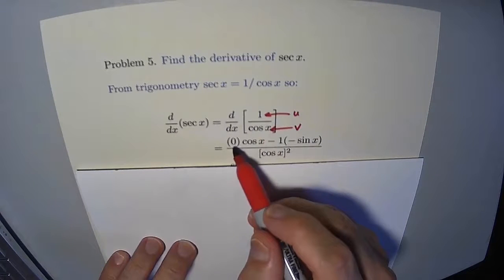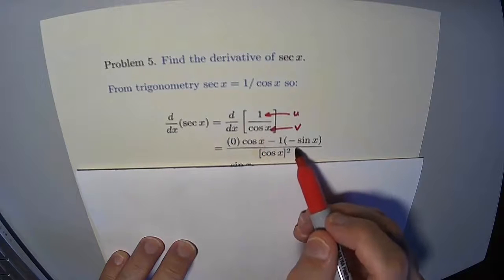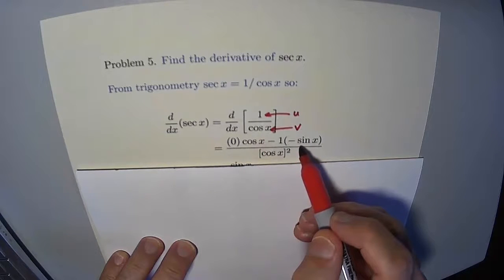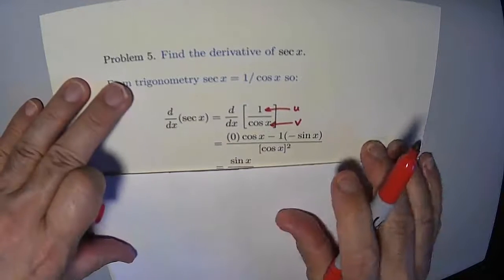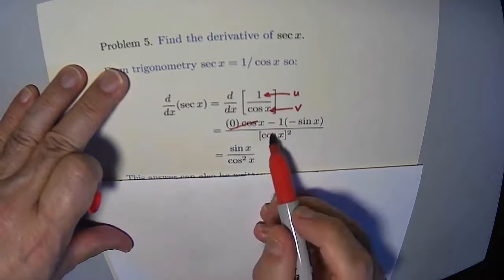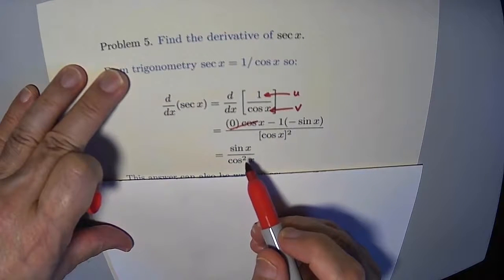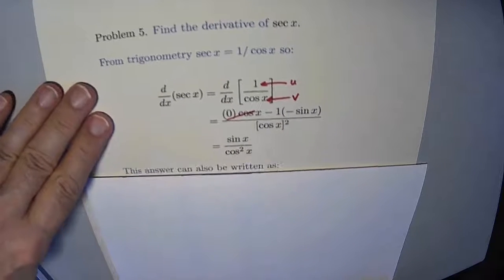Derivative u prime is 0, derivative of a constant is 0, times v, minus u times derivative of v. Here is derivative of cosine, negative sine. This term drops out. Minus 1 times minus sine is plus sine, so we get sine x over cosine squared of x.